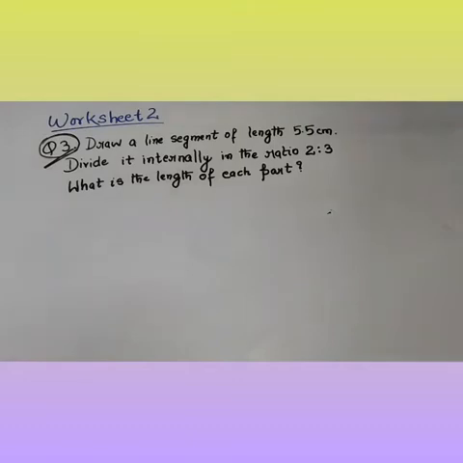Now, since the size of my board is too big, I am not going to use exactly 5.5 centimeter, but when you are solving in your copy, please draw a line segment of 5.5 centimeter exactly. That means the length of the line segment should be exactly 5.5 centimeter.